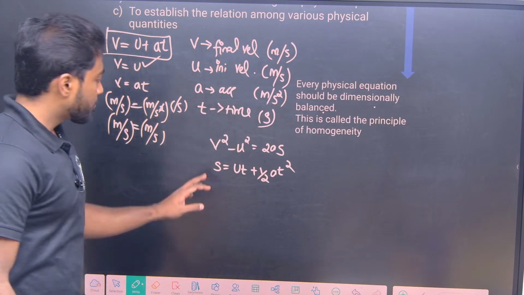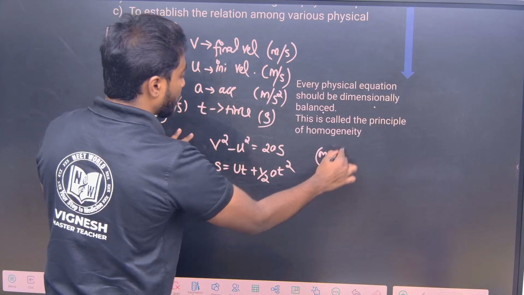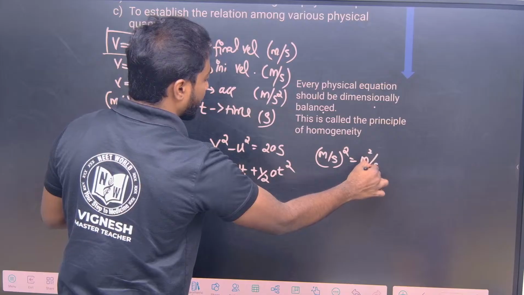So v square, meter per second the whole square, which is nothing but meter square and second square.